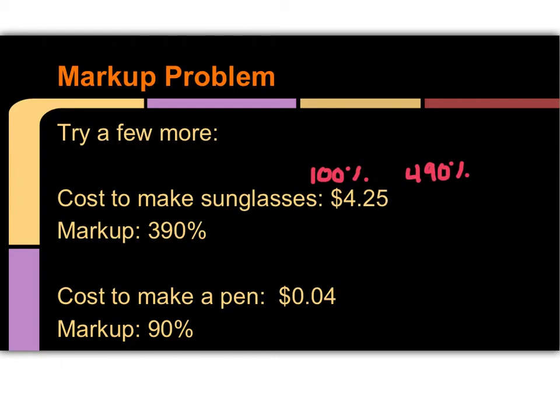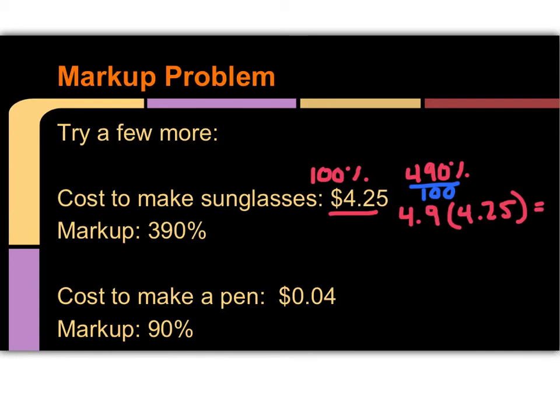Now we can solve. First, I'm going to convert to a decimal by dividing by 100. 4.9, 4 and 9 tenths, 4.90, all the same thing. I'm going to multiply that by the total cost to make the sunglasses, the $4.25.